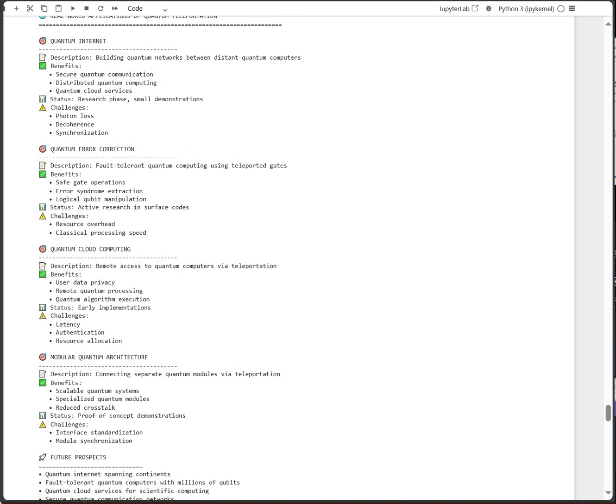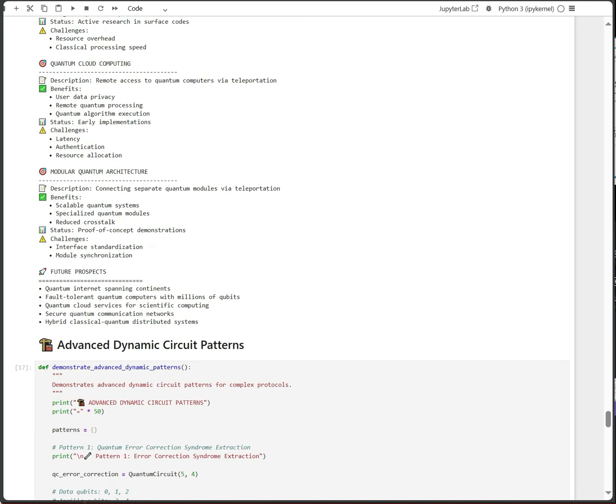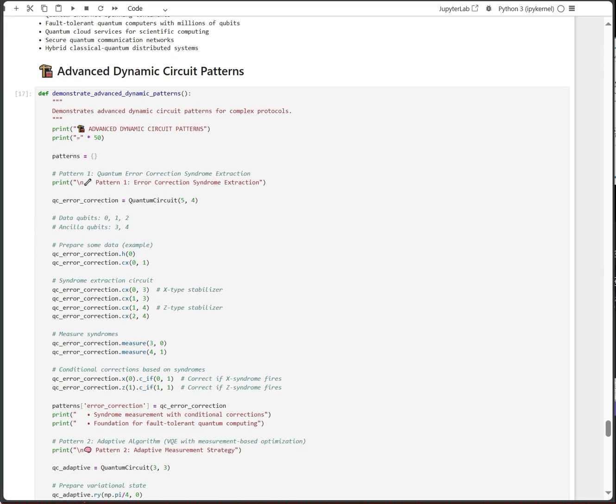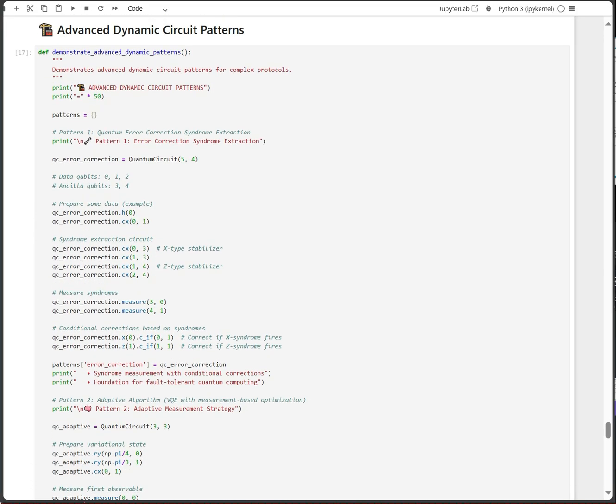One detail to mention is that everything here, in advanced dynamic circuit patterns, we're going to use for quantum error correction in the next one.